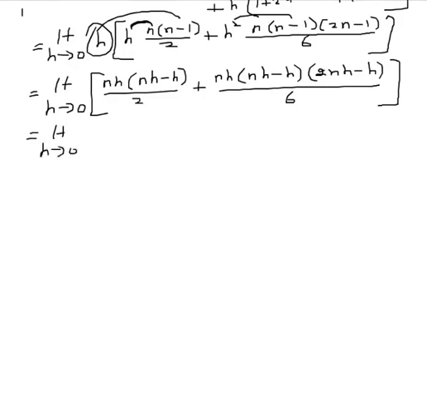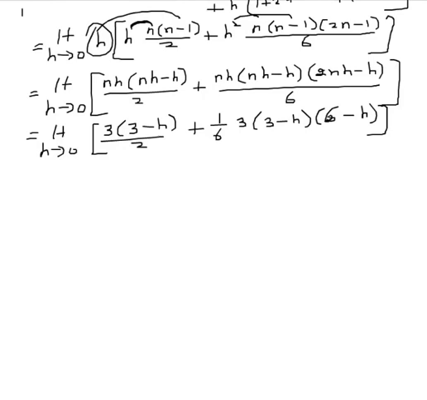Let us substitute nh as 3. 3 times 3 minus h by 2 plus 1 by 6 times 3 times 3 minus h times 2 3s are 6 minus h. Now apply the limit value h as 0.